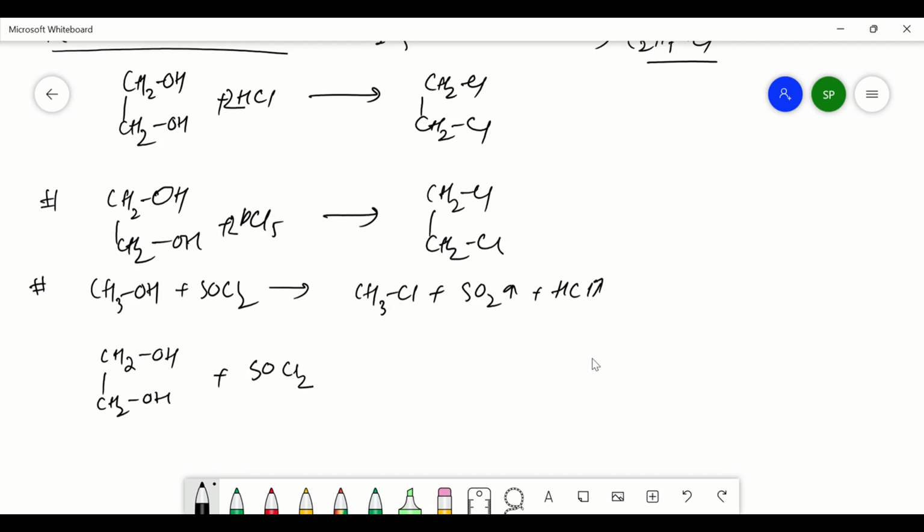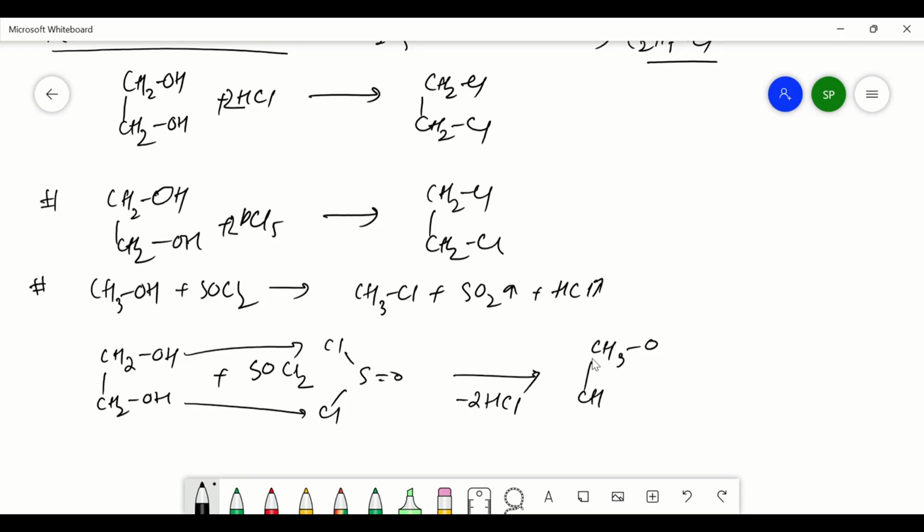The structure of SOCl2 is S double bond O, Cl and Cl. So H and Cl combine, there will be removal of 2 HCl, and there will be formation of CH2 single bond O, then sulfur double bond O.